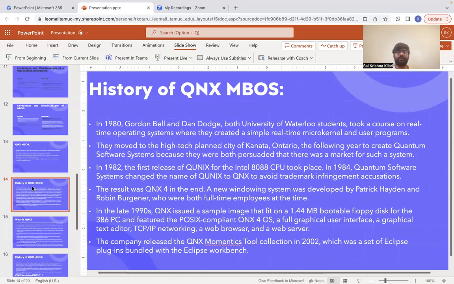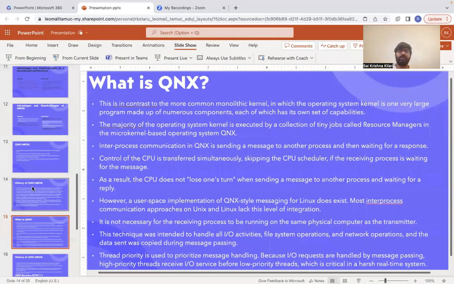The company released the QNX Momentics Tools collection in 2002, which was a set of Eclipse plugins blended with the Eclipse Workbench. What is QNX?